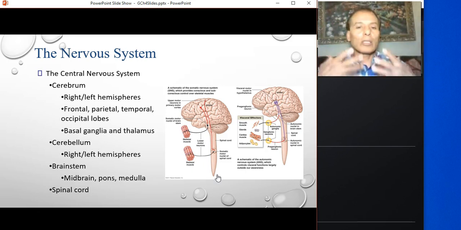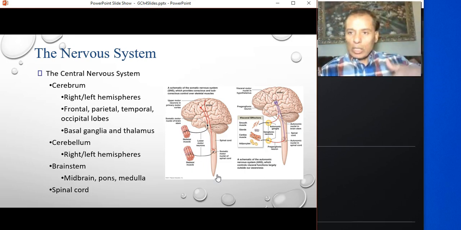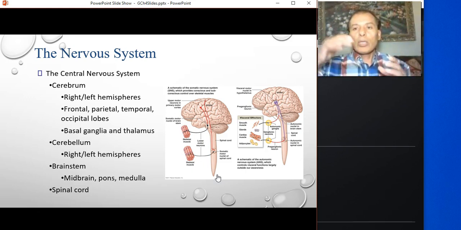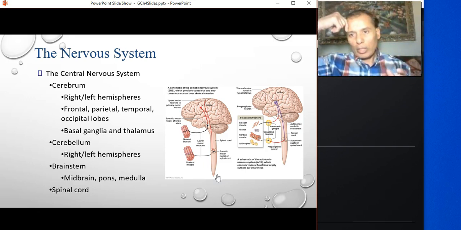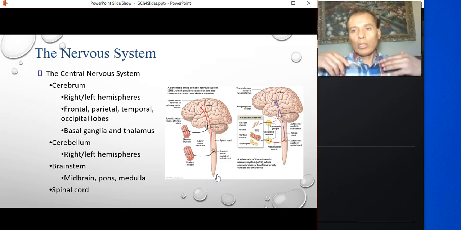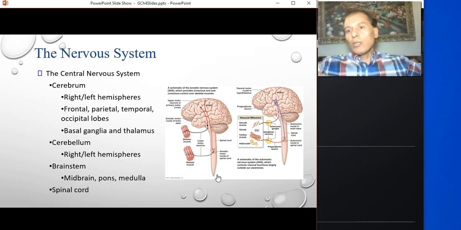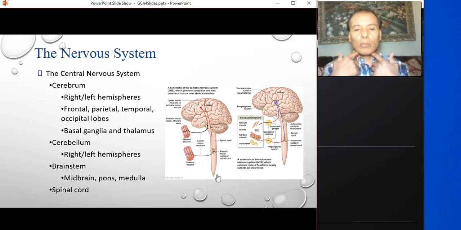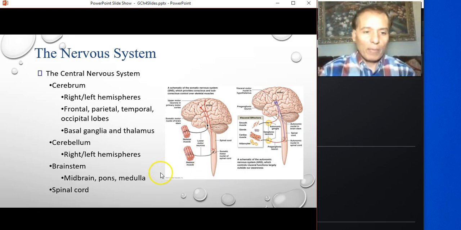That's the whole thing. It's about wiring. So ascending means sensory pathways, and descending means motor pathways. So you make a decision, you send down the order so you can move your lower body parts. And then you receive sensory information from that. You bring it to the spinal cord, to the brain stem, and the brain.